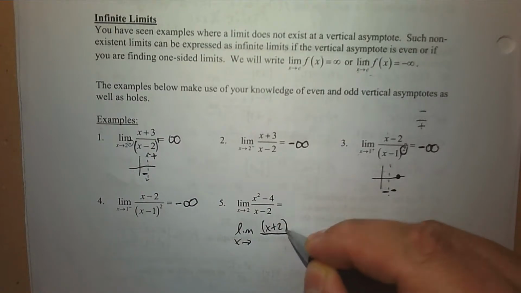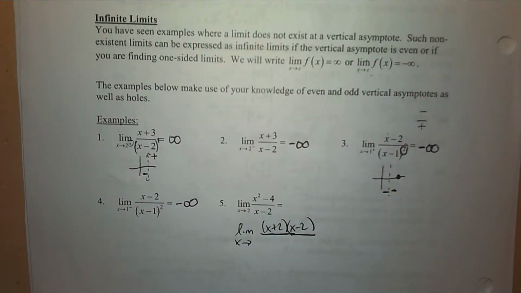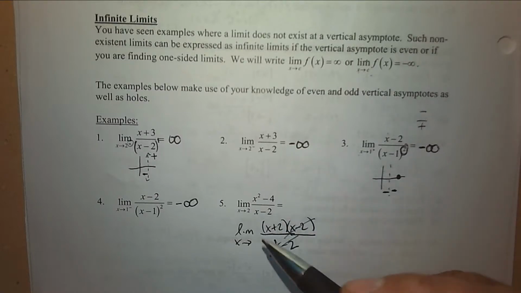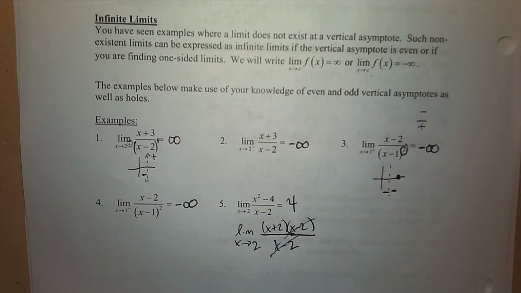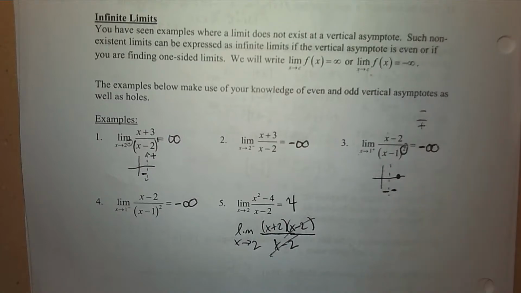The numerator is a difference of squares. So factor it. What do you notice about x minus 2? It divides out. So that when you plug in 2, the answer then is 4. Because it's removable, right? All right, turn the page when you're ready.